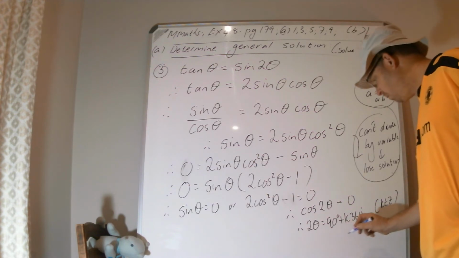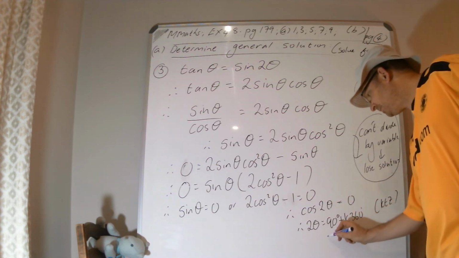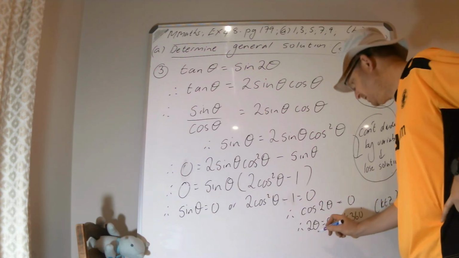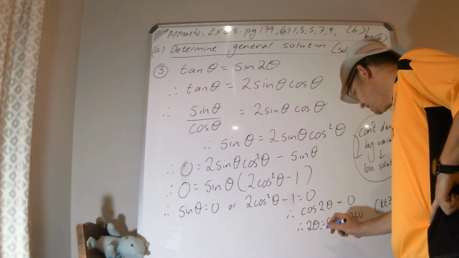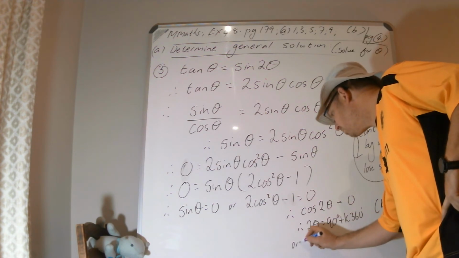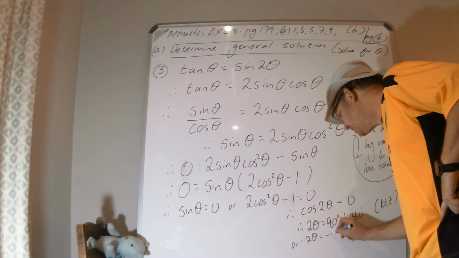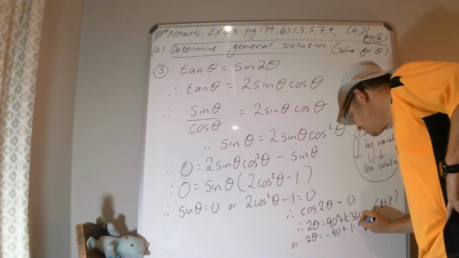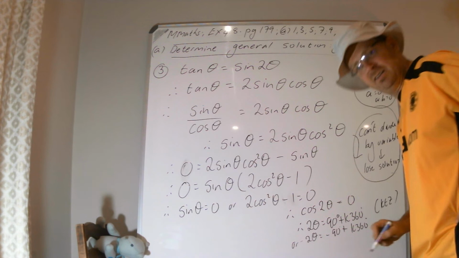Or we're going to have 2 theta is equal to negative 90 plus k 360.